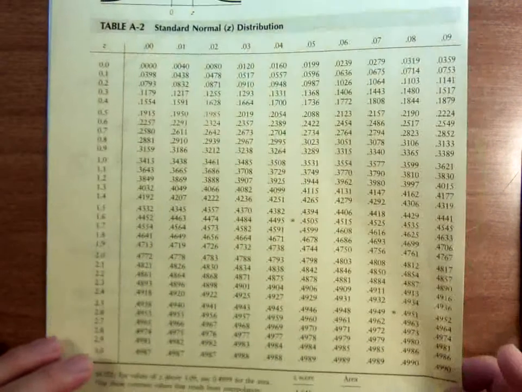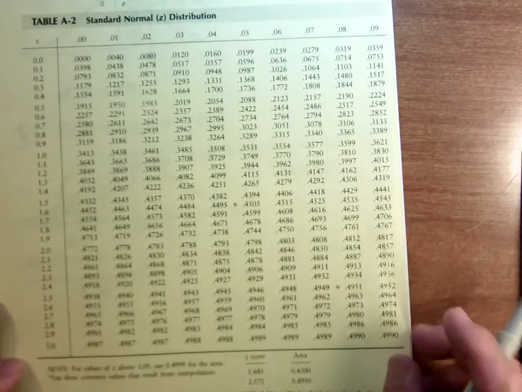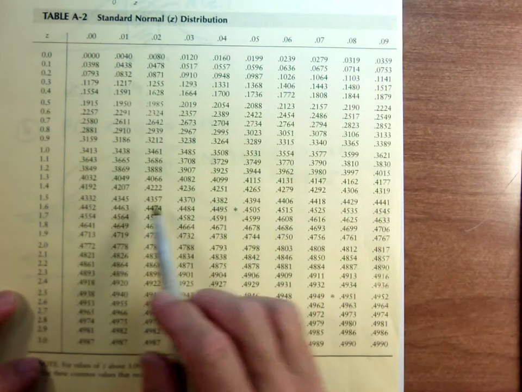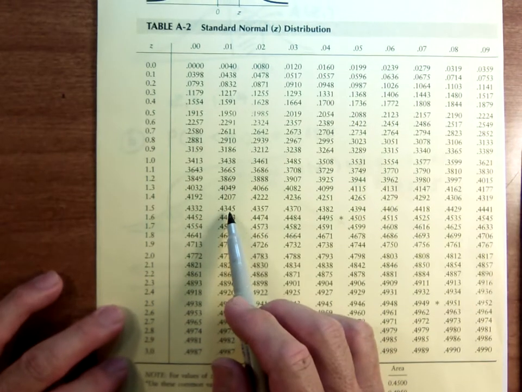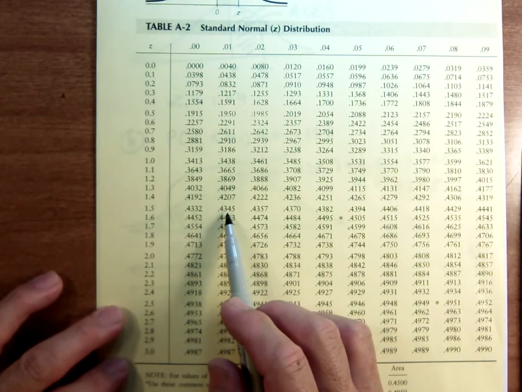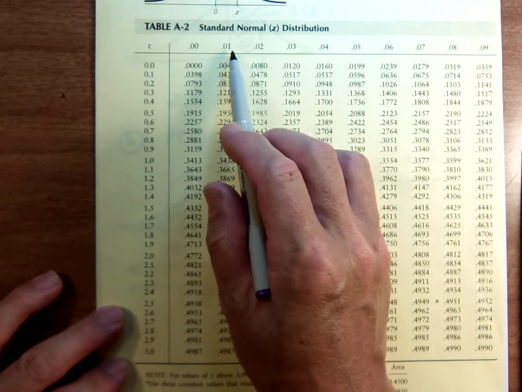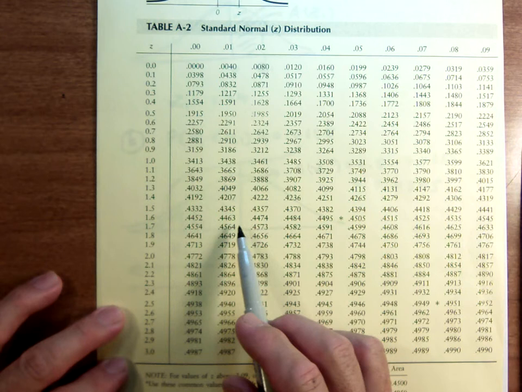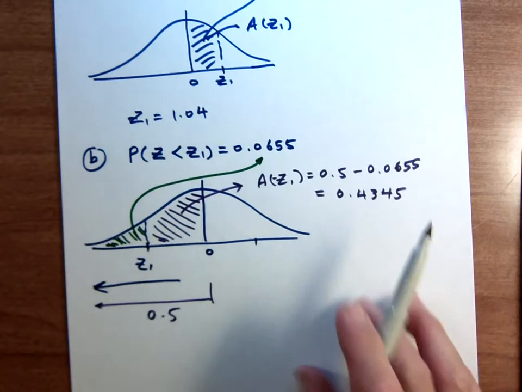That's the number you should be able to find in your table. Where is 0.4345? It is right here, 0.4345, and that corresponds to the z value of 1.51. So we found our z value.